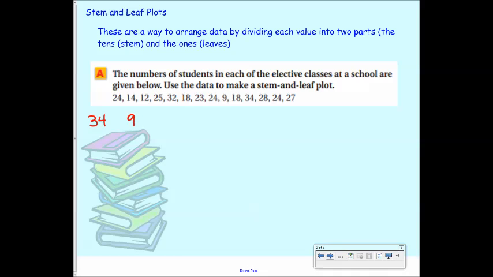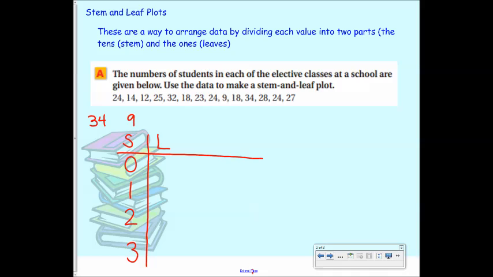So when I'm creating my stem and leaf plot, here's my stems, and here are my leaves. I'm going to have 4 stems. The first one is actually 0, 1, 2, and 3. Essentially, those stems are any number with nothing in the tens digit, all the numbers with 1 in the tens digit, all the numbers with 2 in the tens digit, and then all the numbers with 3 in the tens digit.